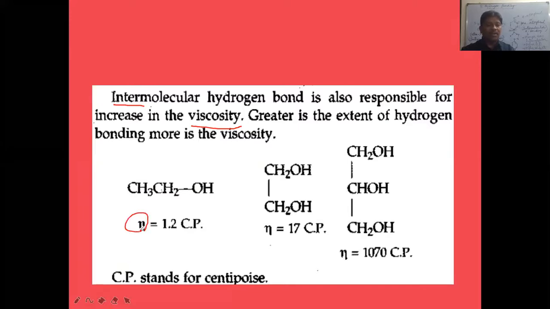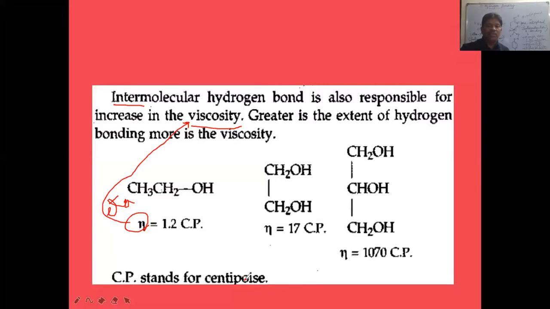This symbol is eta. Eta is used for viscosity, so the eta symbol indicates viscosity. Here the eta is equal to 1.2 centipoise.